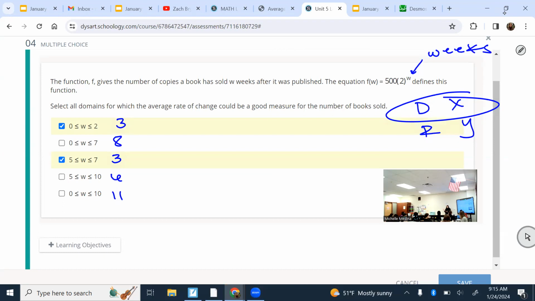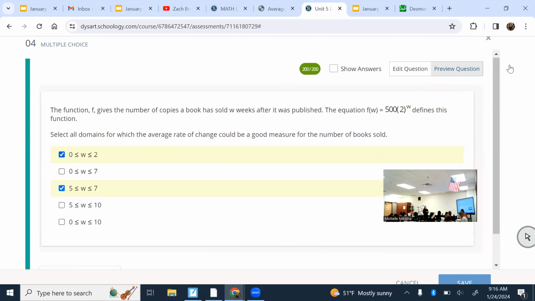I would pick those, we'll see if the answer is right. But the smaller time frame that you're looking at, like a smaller amount of weeks, whatever the situation is, the better the estimate will be than if you looked from 0 to 10. It'll be a large difference there. So let's show answers.